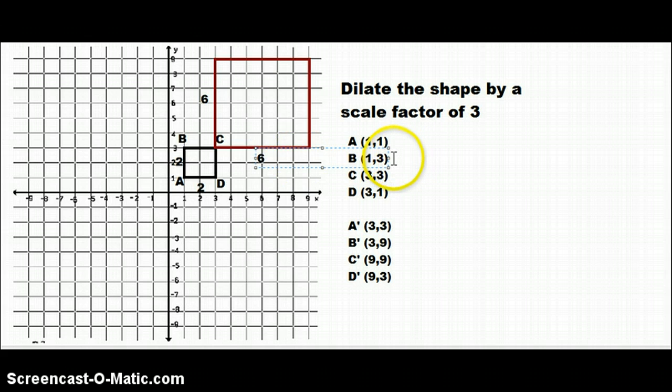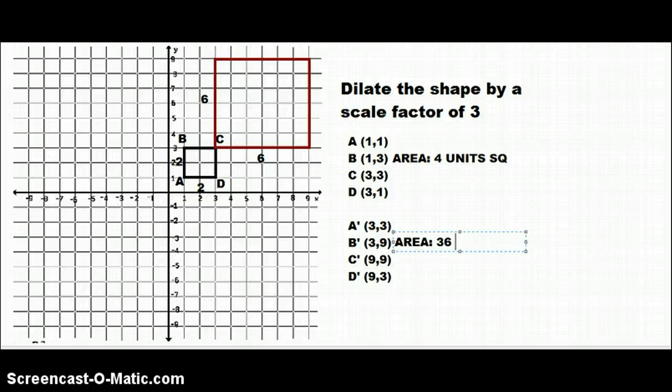Now we can look at the area. The area of our original shape is 2 times 2, which would be 4 units squared. Our second shape, we have 6 times 6, length times width, or height times width, is 36 units squared.